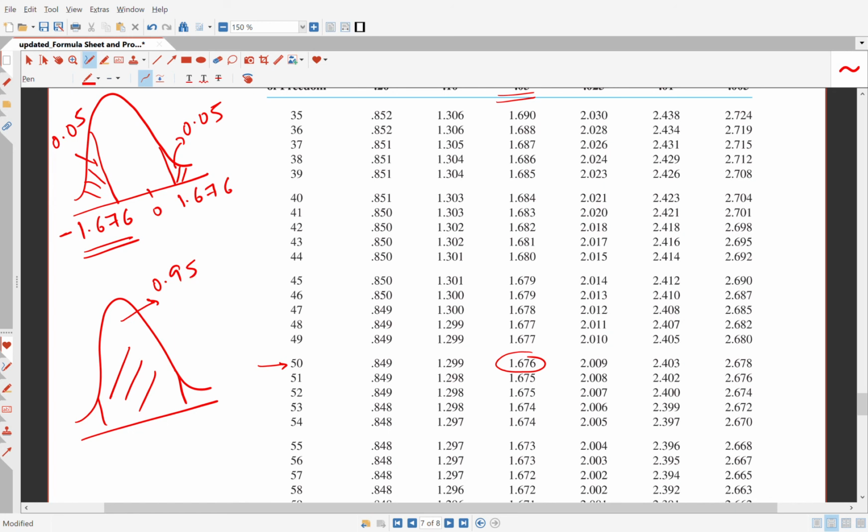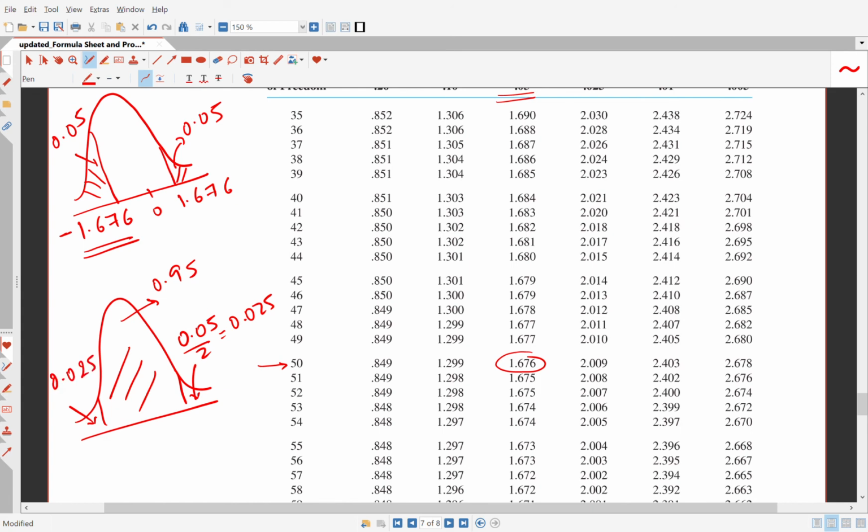If the area in the middle is 0.95, that means this area and this area, if you add them, should be equal to 0.05 because the total area is 1, right? So 0.05 divided by 2 is 0.025, and similarly this is going to be 0.025.